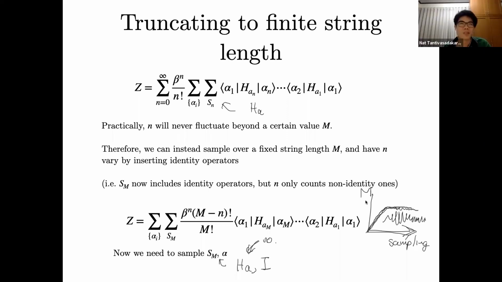Right. So if you sample long enough, then little n could go beyond big M. But for the time with which you're sampling, you don't plan to explore the whole configuration space anyway. Okay, thanks.